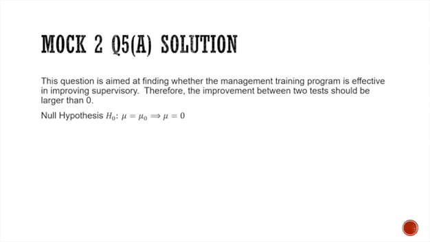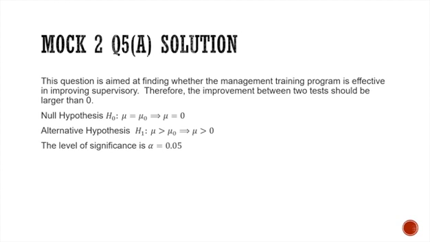In this problem, the null hypothesis H0 is mu equals 0. The next step is formulating the alternative hypothesis, H1, which should be mu larger than 0. Next, specify the level of significance to be used. From the question, we need to solve this problem at 5% level of significance. Therefore, alpha equals 0.05.